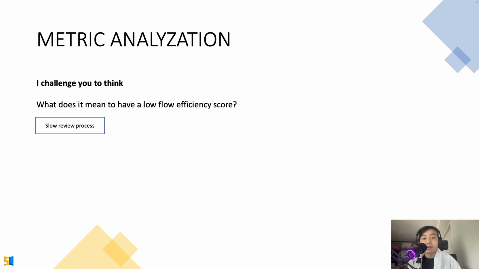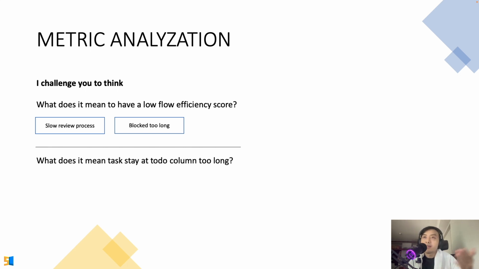You can take a look at the summarized time spent in the review column. We have that data. If it's slow, then you have to figure out why it's slow and what the solutions are. Or maybe it's blocked too long, so you have to investigate what the blockers are and how we can unblock them faster.